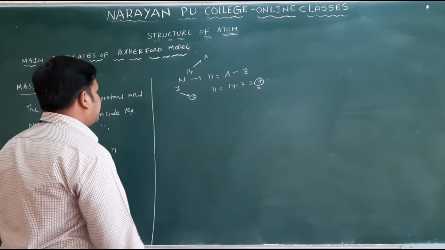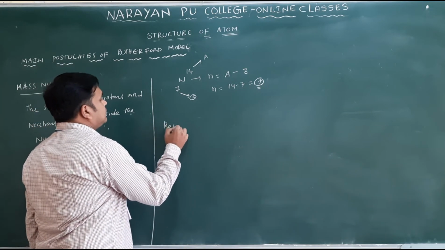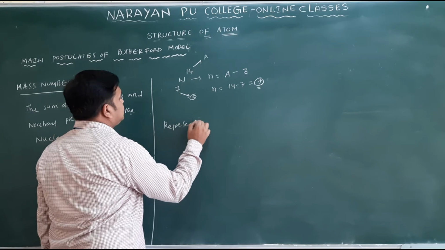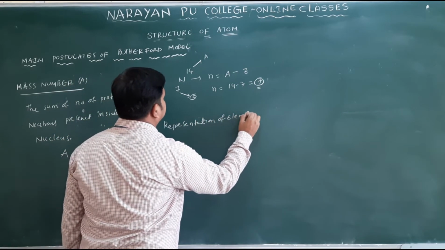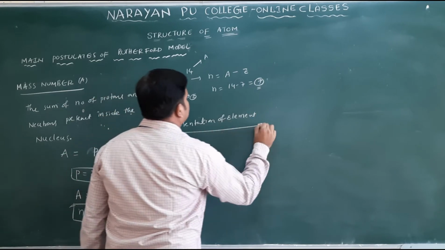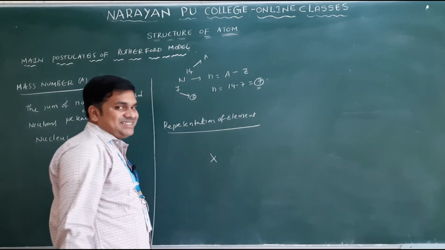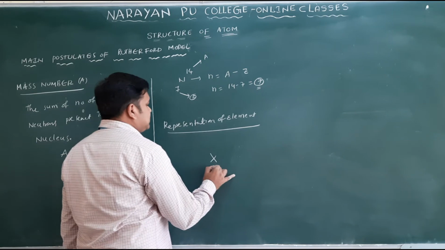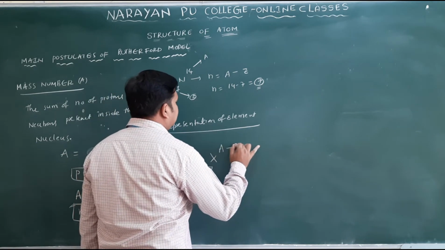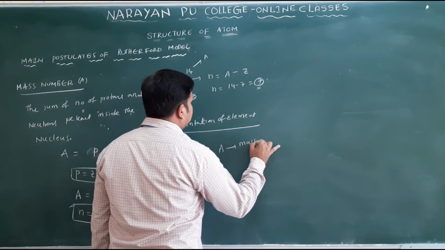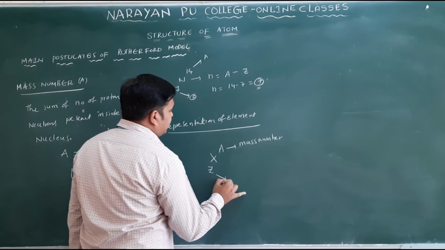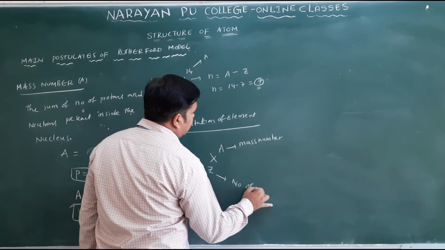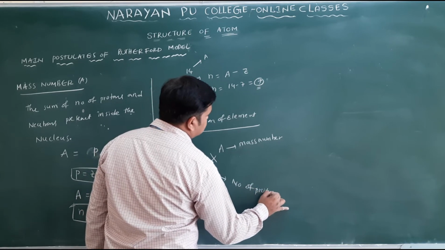So how can you represent an element? A representation of an element: suppose X is an element, with Z and A written beside it. A represents the mass number and Z represents the number of protons.